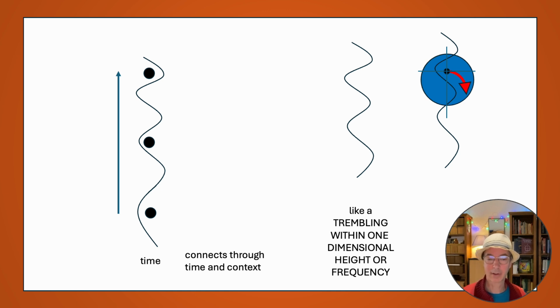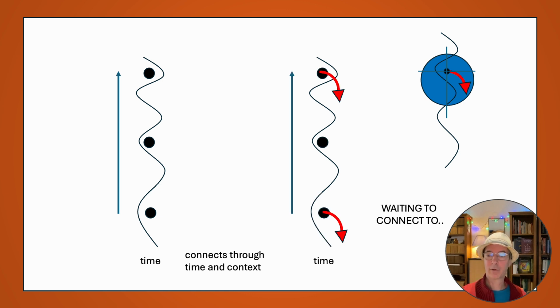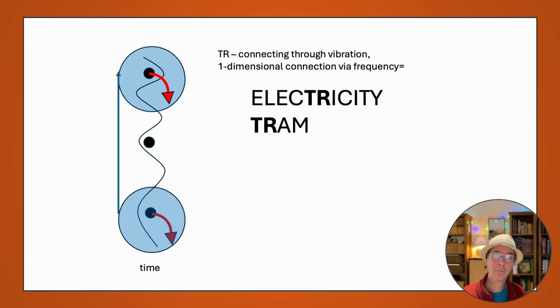It can connect through time, through context, via that vibration within that one point. And that's where I will find the connections. So let's now find out if this matches with all the words that are there. You have, as a vibration, points of connection, yes or no, yes or no.